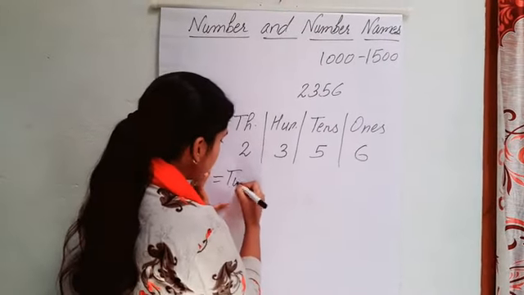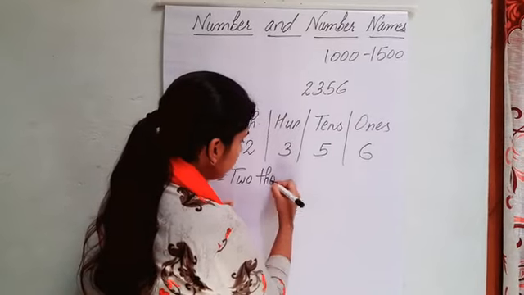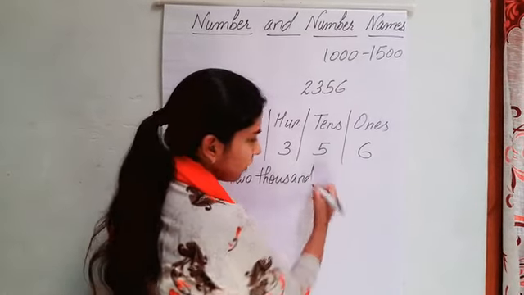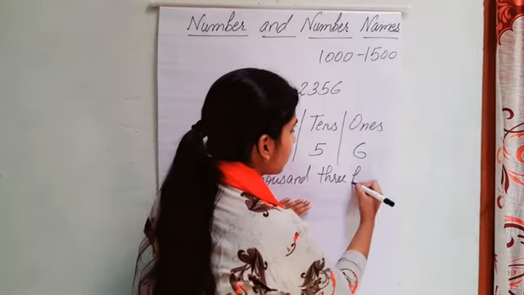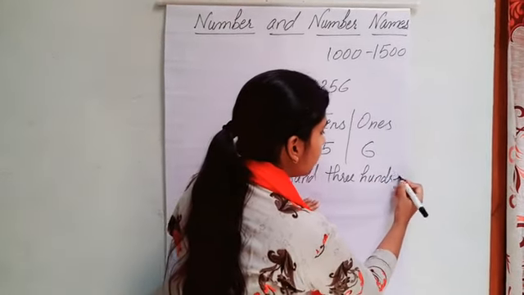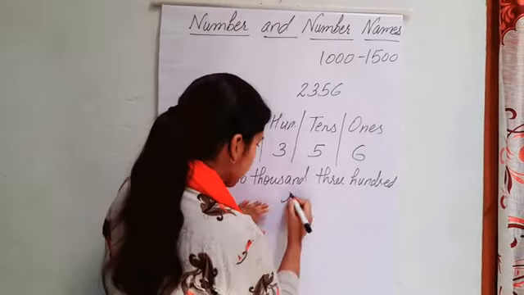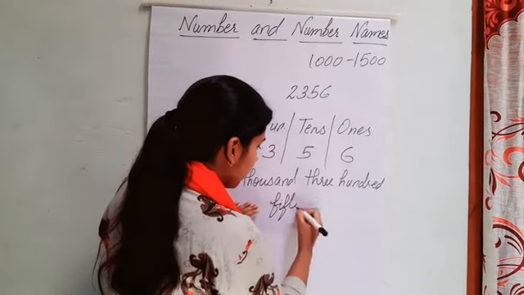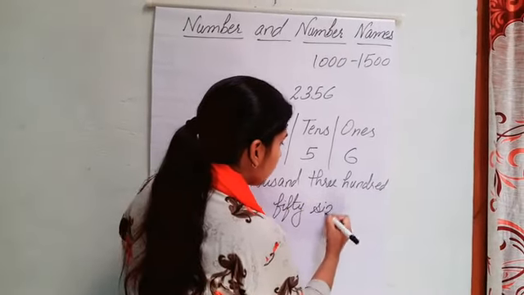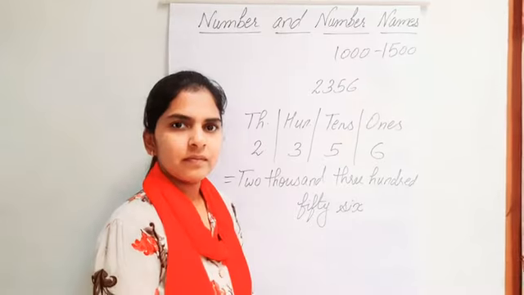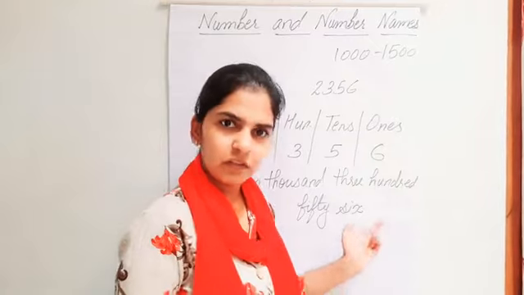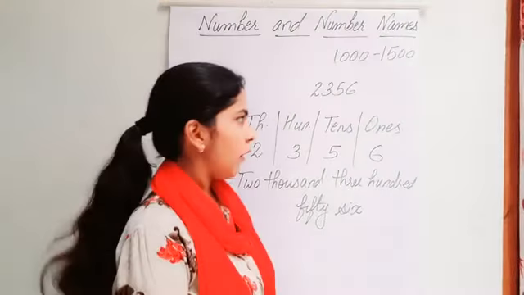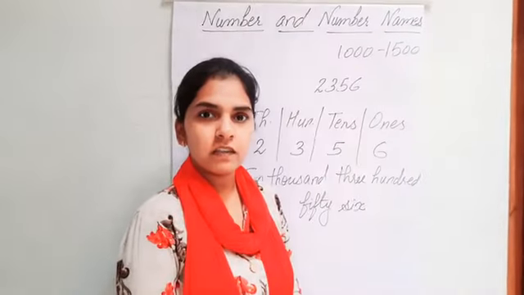Its name is 2356. So its name is 2356. Now we will read some more 4-digit numbers.